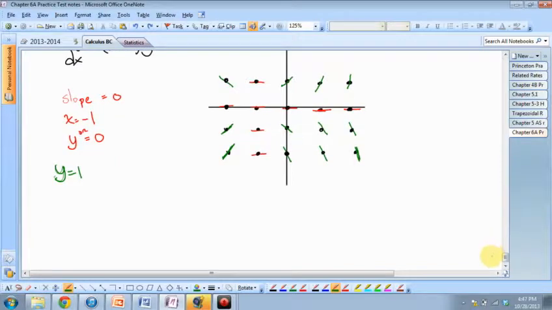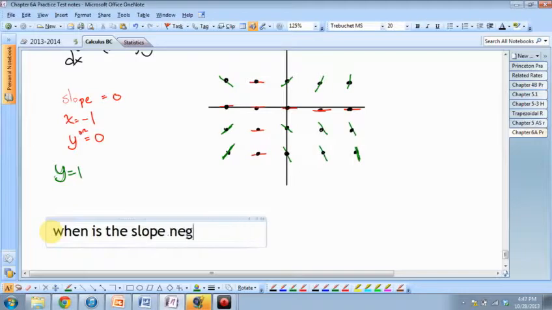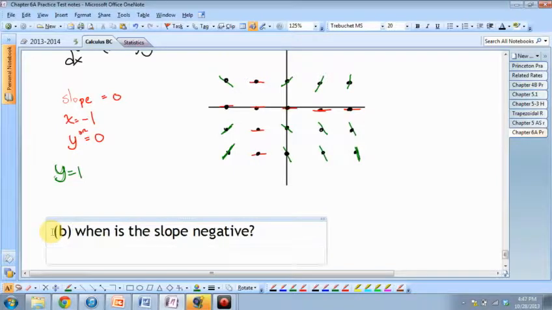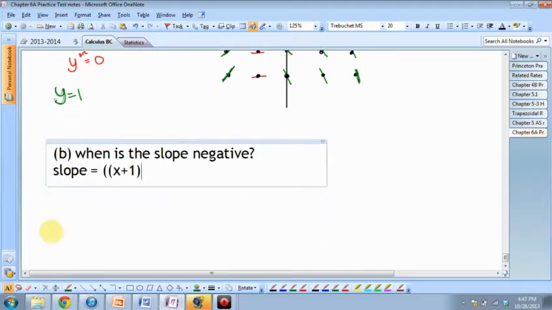So, when is the slope negative? Very important part of this one. Well, we have the slope equals x plus 1 times y. Two factors, right?